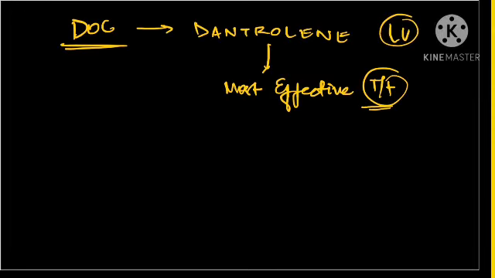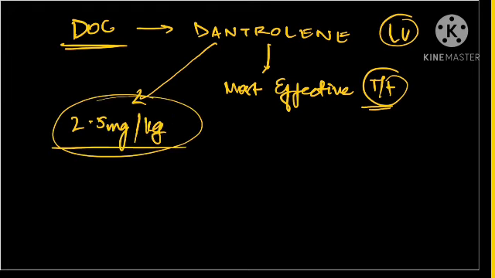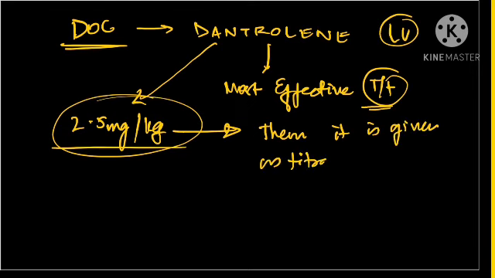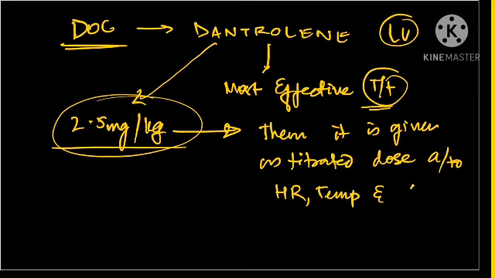Dantrolene is given 2.5 mg per kg body weight, and then it is given as a titrated dose according to heart rate, temperature and EtCO2.